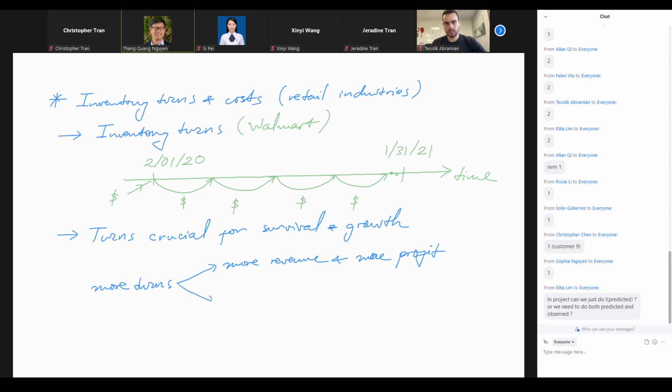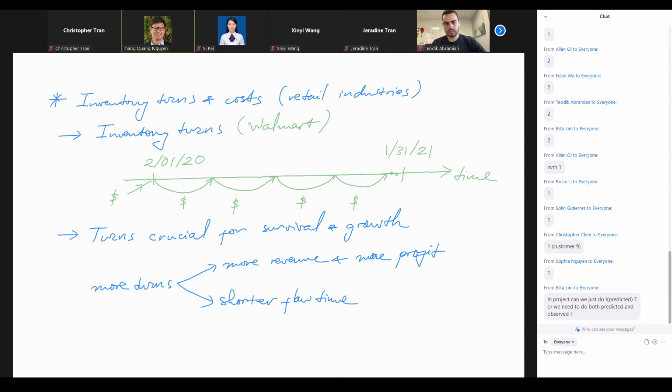And actually, there's a second good benefit of more turns. So with more turns, then we can cut down the flow time, shorter flow time, right? In other words, the dollar will stay on the shelf for a shorter span of time. The merchandise gets sold more quickly, right?